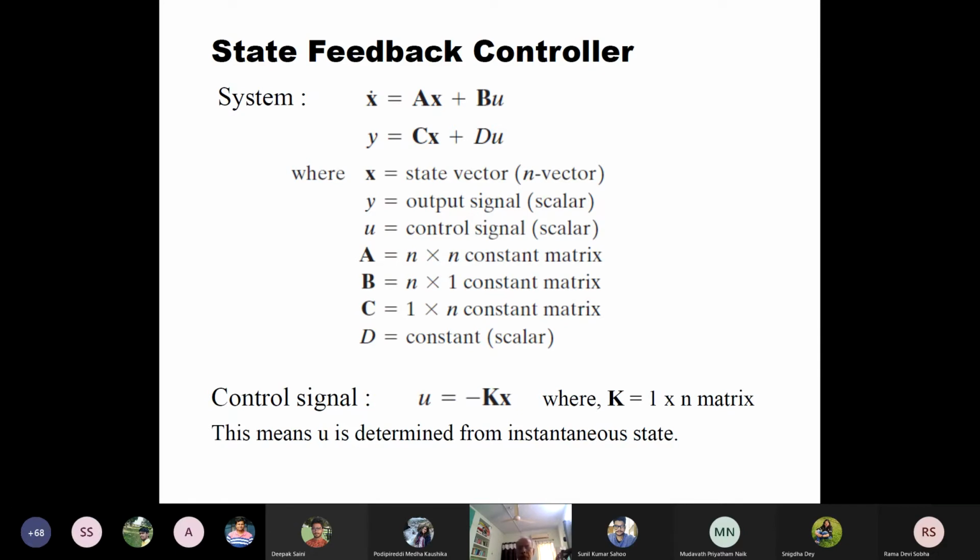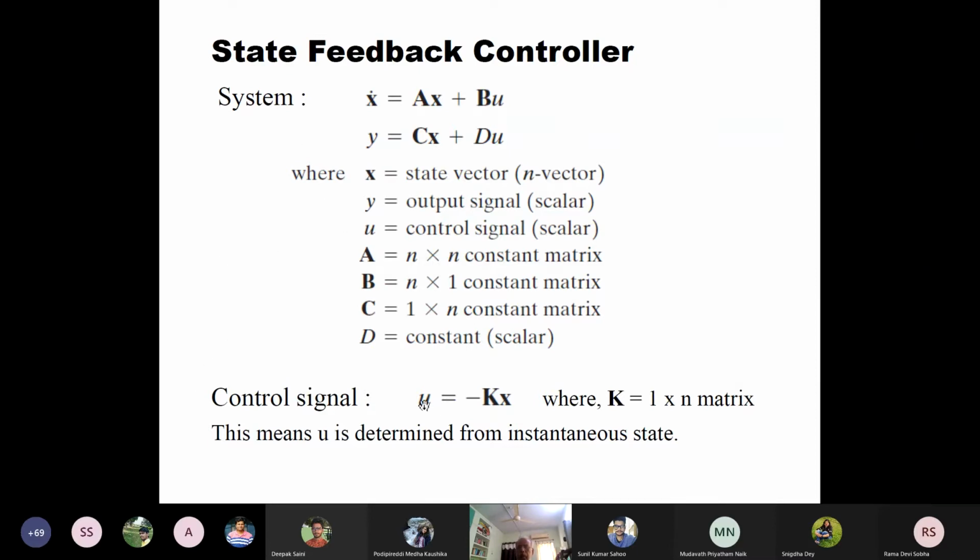So our objective is to bring the state variables to their steady state values. Since these are defined in deviation form, we assume the steady state values of x, y and u are 0.